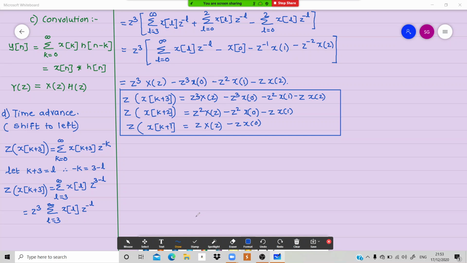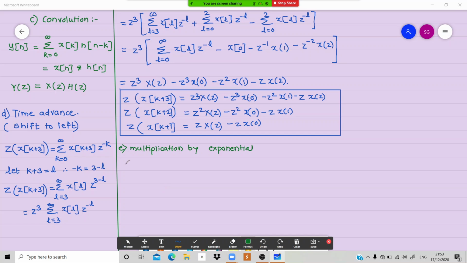So multiplication by exponential. So I'll write E. Multiplication by exponential term, right?